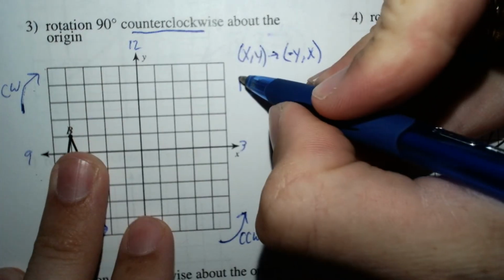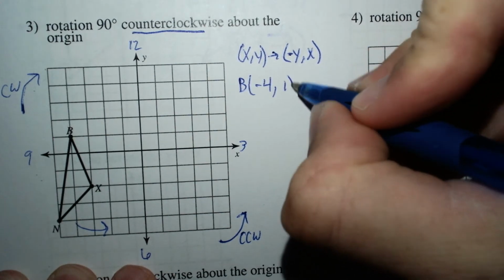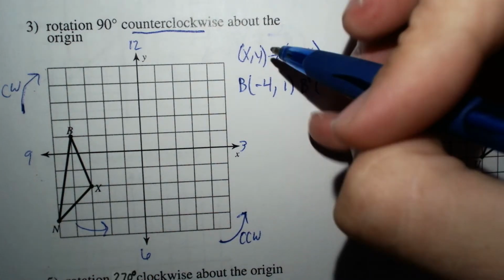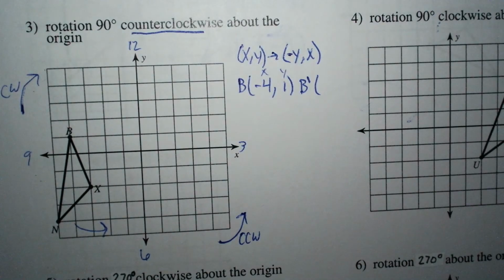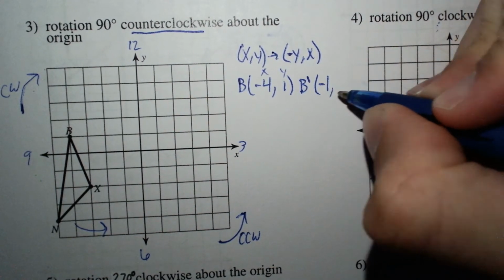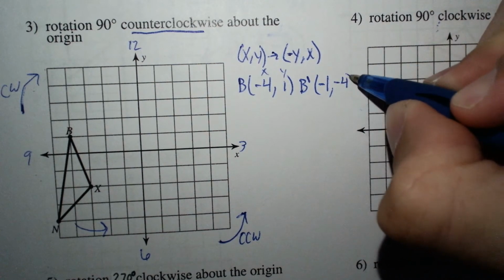Okay, let's look at B here. B is negative 4, 1. B prime. Okay, remember, I've got my x and my y here. I need my y first, so the 1's going to come first, and it's going to be the opposite of 1, which is negative 1. And then your x comes second.